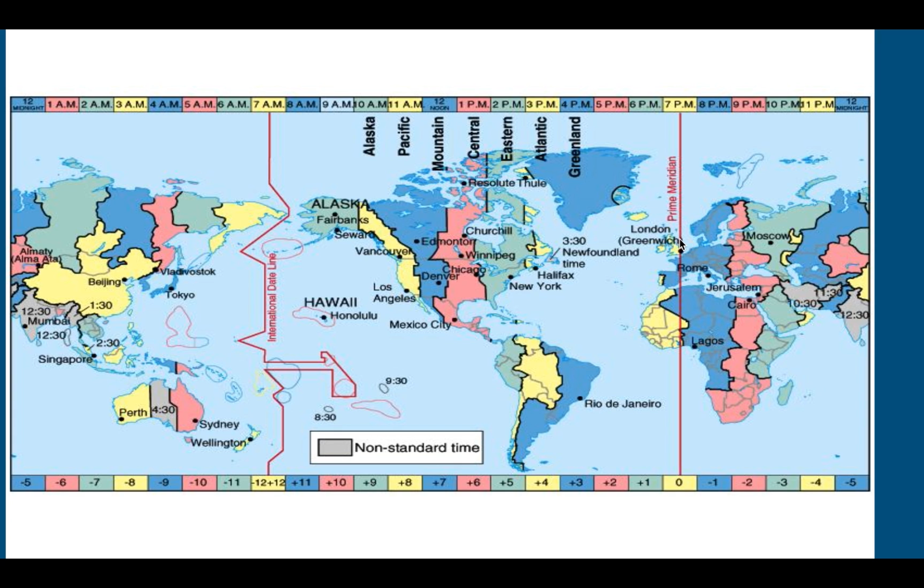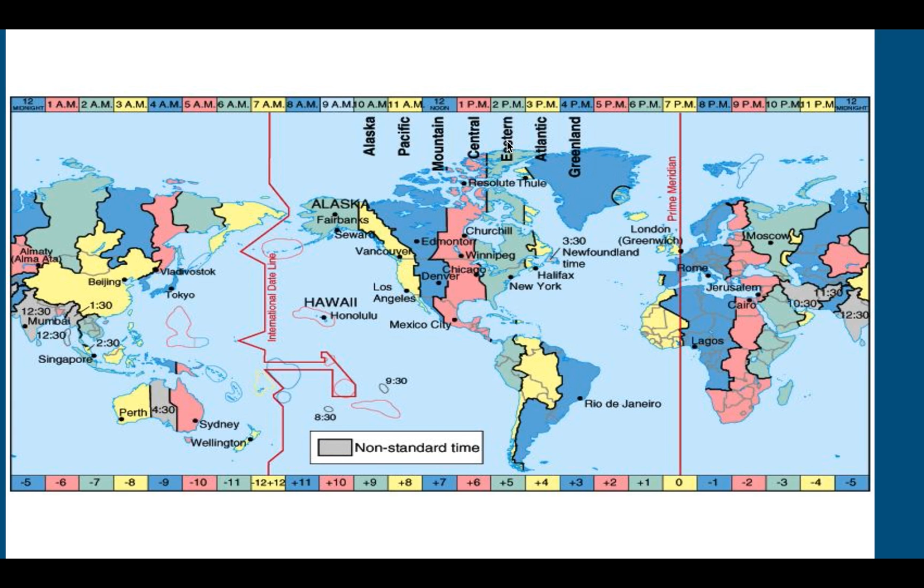Now, if I am at the prime meridian, which is, once again, Greenwich, England, and I want to know what time it is here in California, we should know that California is in the Pacific time zone, which means if it's 7 p.m. there, it's 8 hours earlier on the west coast of the United States, here in California, which means it is 11 a.m. Here in the U.S., we have 4 time zones.